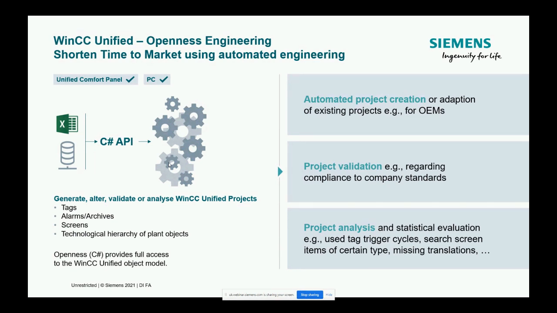Externally to the TIA Portal, this allows us to create our own custom code where we can generate, alter, validate, or even analyze existing WinCC Unified projects for things like the generation of tags, alarms, archives, screens, the whole hierarchy.